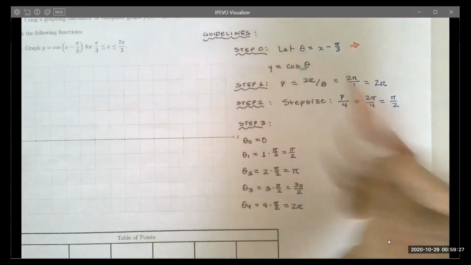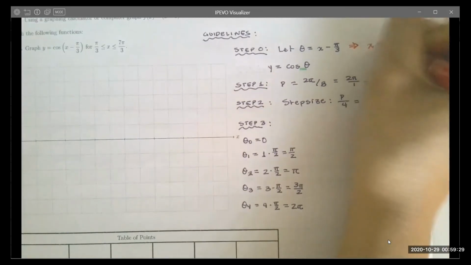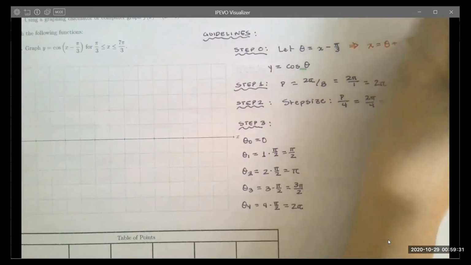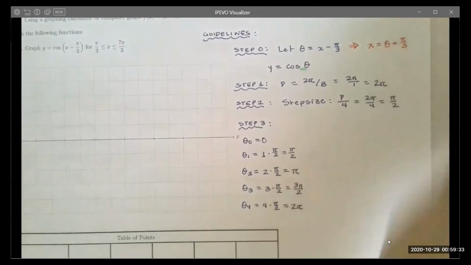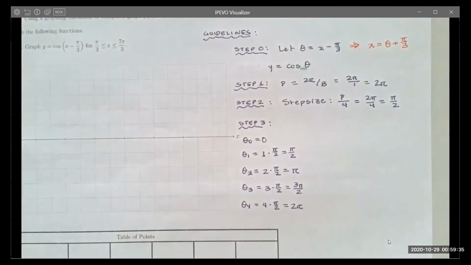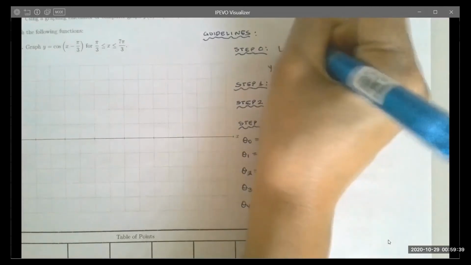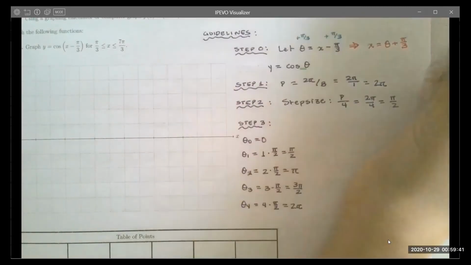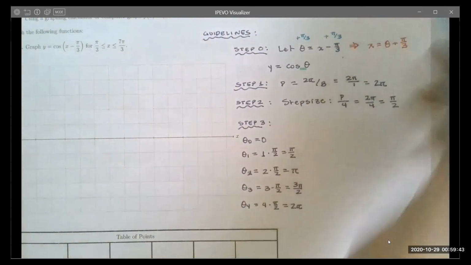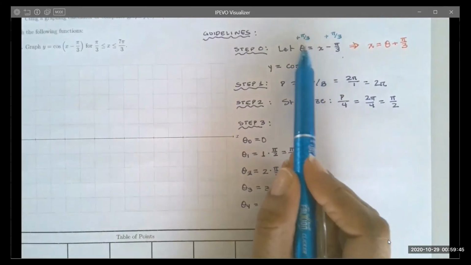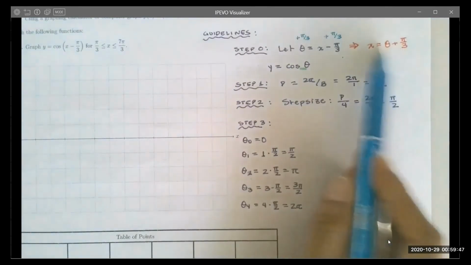These cancel, leaving us with x equals theta plus pi over 3.